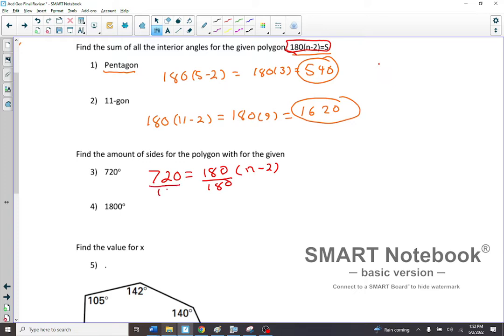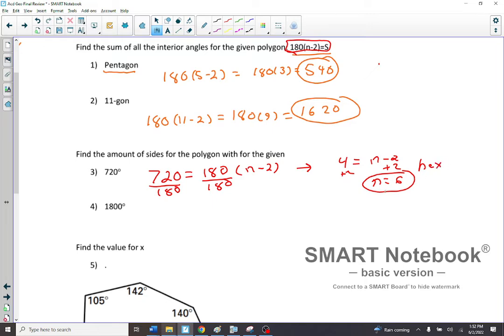I would divide by 180 on both sides to make your life a little easier. So 720 divided by 180 is 4, equals n minus 2. You got to get n by itself. So plus 2 on both sides. So n equals 6.